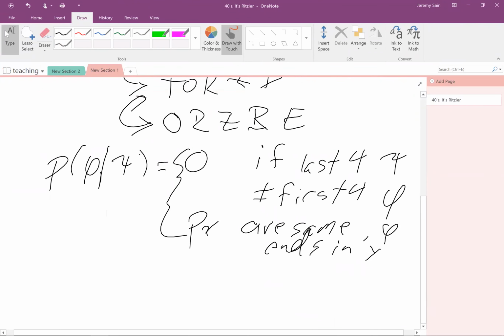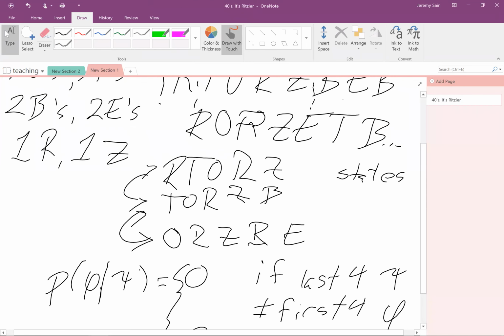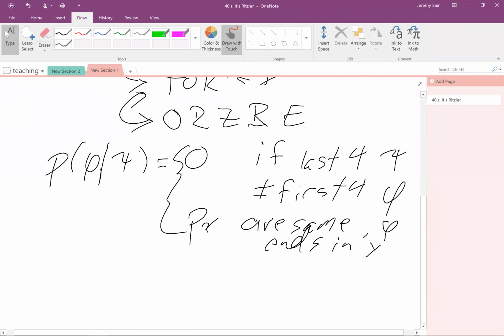If we know which state we're on now, that's all the information we need to compute the probability of the next state. It's going to be 0 if the new state doesn't start with what our current state ends with, and it will be a probability that we're given in the setup if it does.